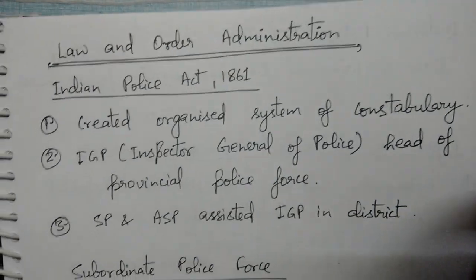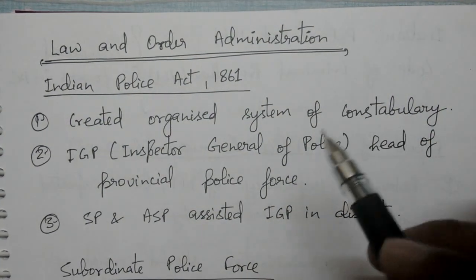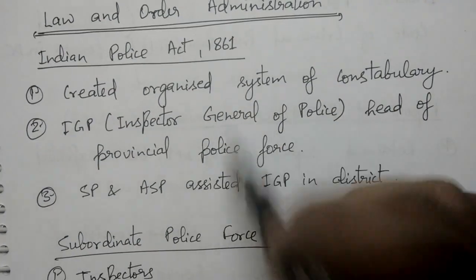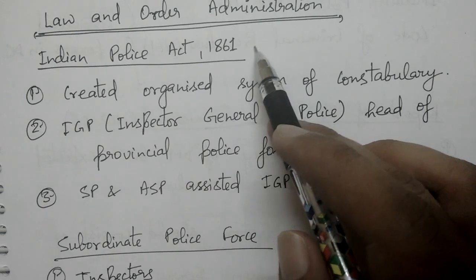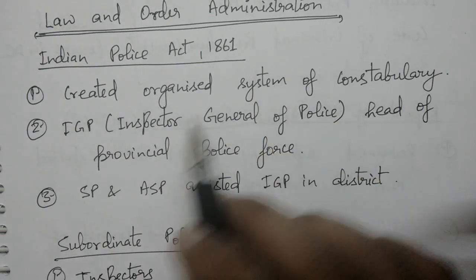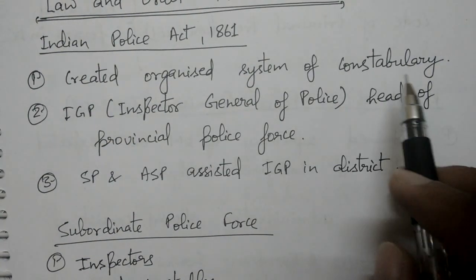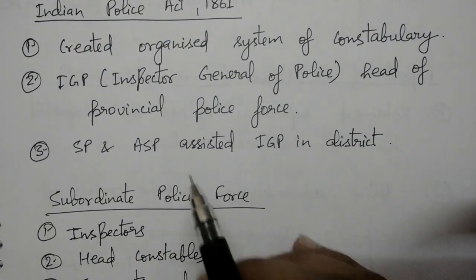Okay, then coming to law and order administration, this is specifically given, and at least 2-3 questions have already come on this particular topic. So let's see it one by one. The Indian Police Act 1861 came, and it created an organized system of constabulary, and this organized system is still present in our police system.